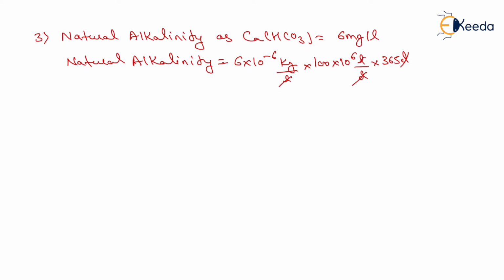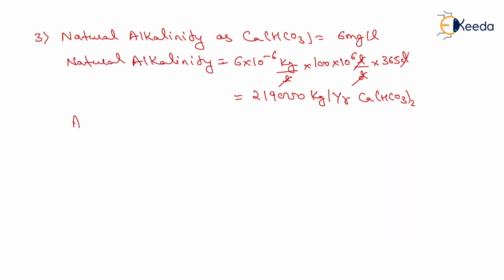From this, liter to liter cancels out and days to days cancel out, and it will be equal to 6 into 10 to the power minus 6 into 100 into 10 to the power 6 into 365. It will be equal to 219,000 kg per year of calcium bicarbonate.